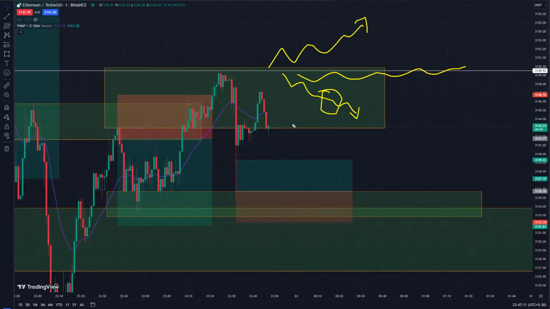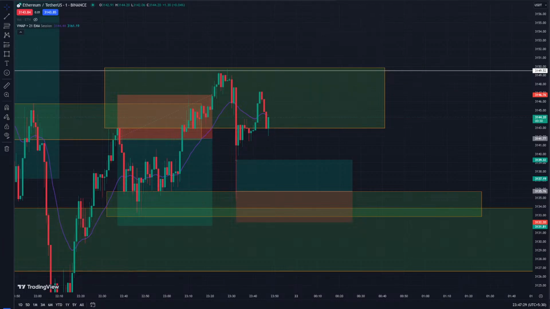Is it a downtrend, an uptrend, or a sideways market? You have to find that out. Then only can you have a clear understanding, and you will be mastering your strategy after knowing all of this. Hopefully it makes sense.